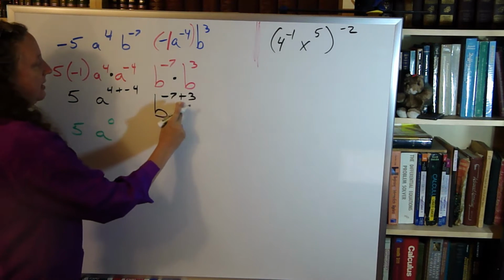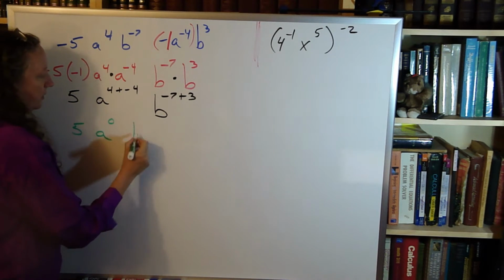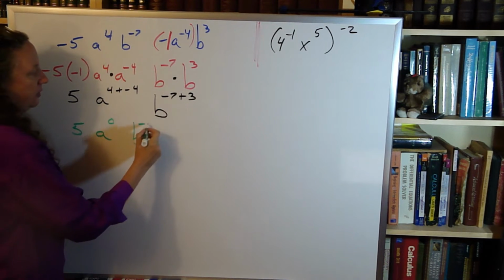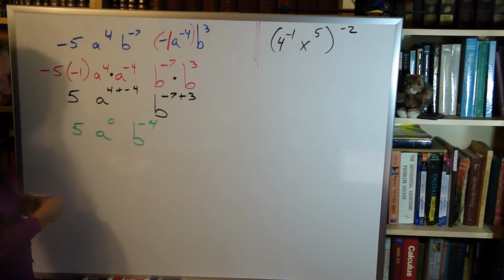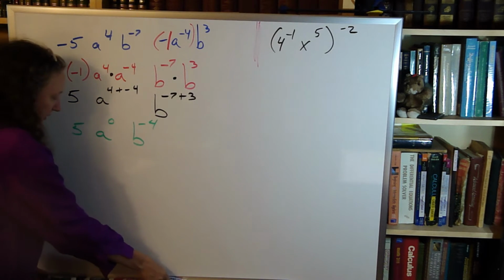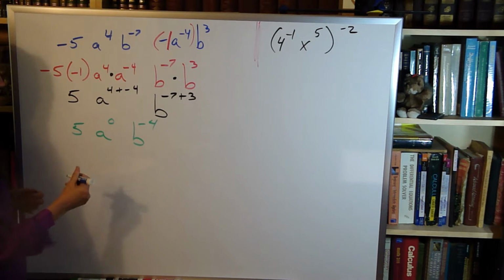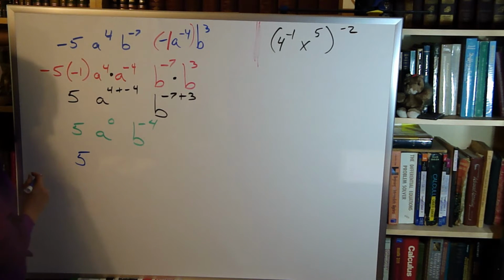B to the -7 plus 3. The 7 is bigger, so we know it is going to be negative. So 7 minus 3 is 4, so -4. It's still not done. Two more things I have to do with this. 5 just gets carried down. Nothing more I can do with that.